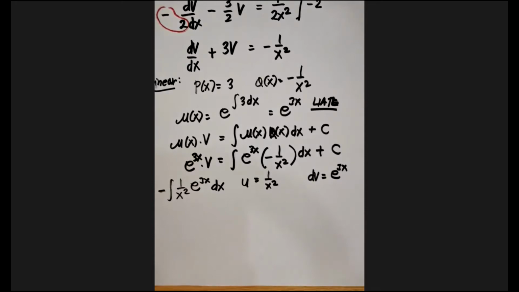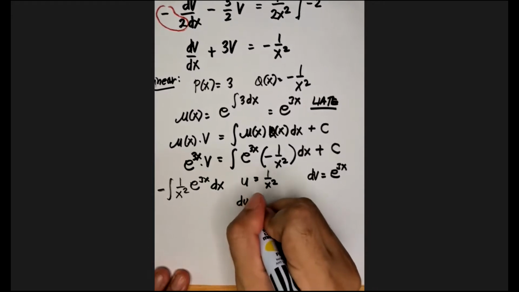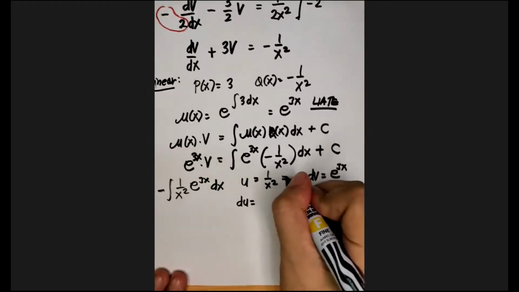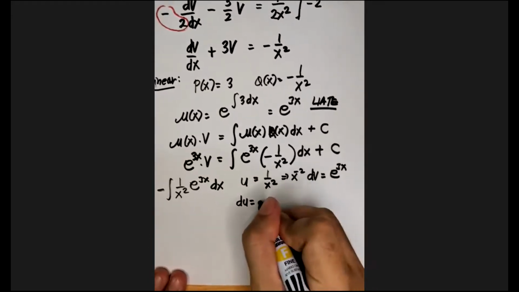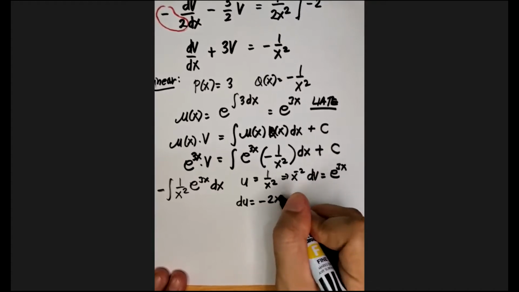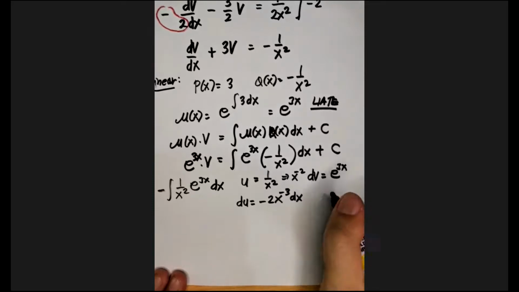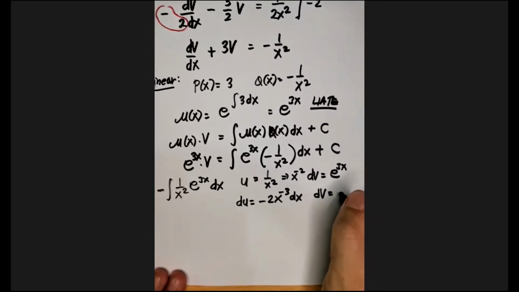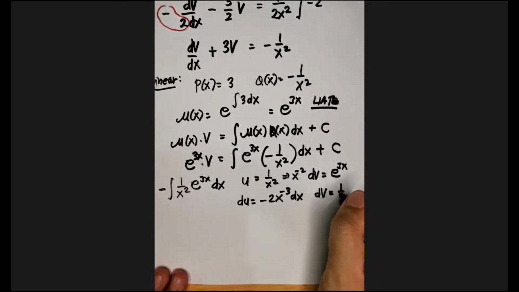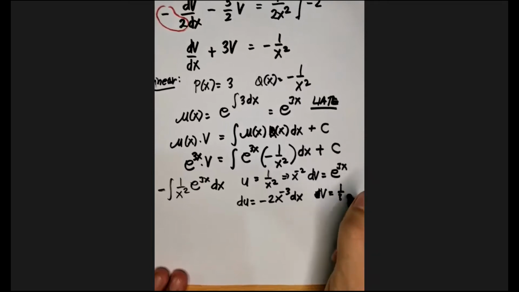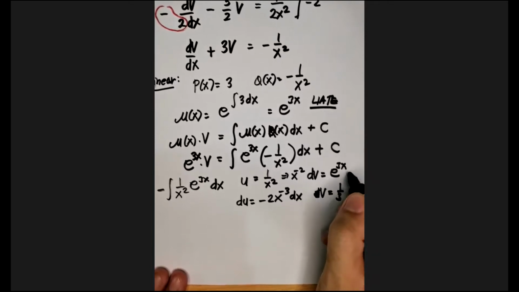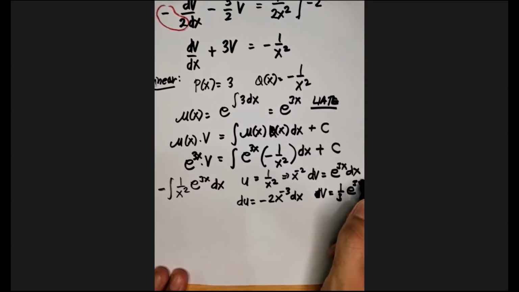Ayan. So ide-derive natin to. Ito ay magiging x raised to negative 2. So du is negative 2 x raised to negative 3 dx. Tapos ito naman, ang dv ay e raised to 3x, ang v pala ay 1/3 e raised to 3x.